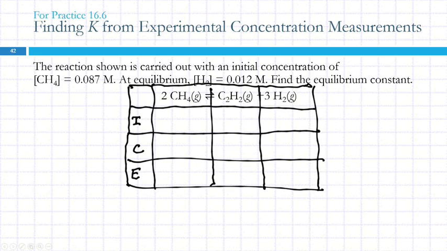We have initial concentrations. CH4 is 0.087. So here I'm going to write 0.087. So that's an initial concentration. What do you think the initial concentrations of the reactants were? It doesn't say.